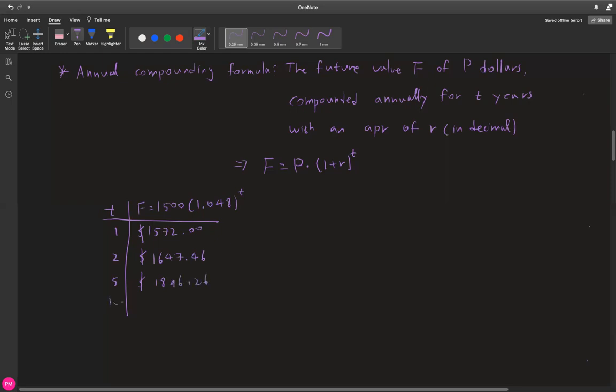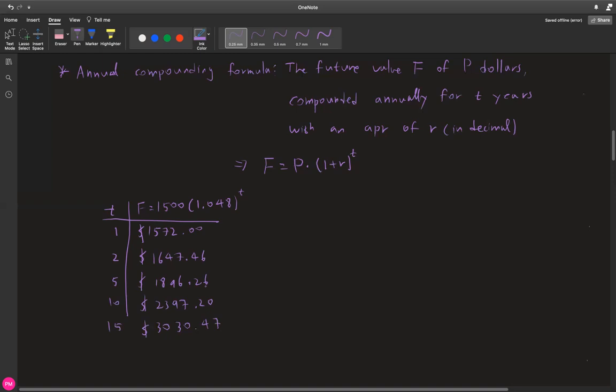And after 10 years, it becomes 2,397.02. And after 15 years, this becomes 3,047. So obviously we intuitively already know, but this is to show that the longer you invest for, the greater the final value, or the future value, you will receive at the end.